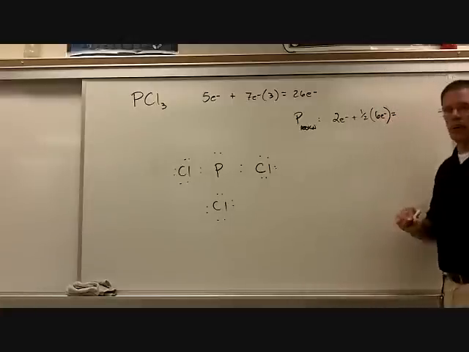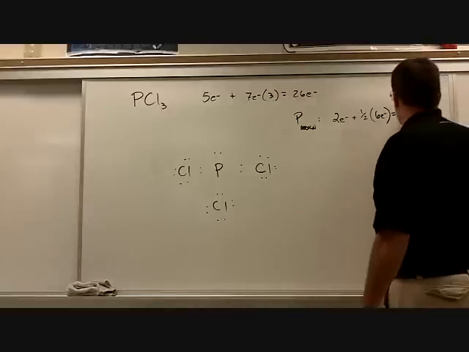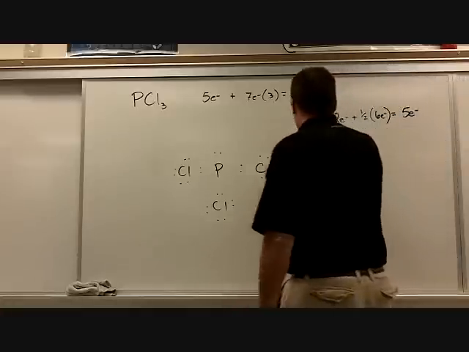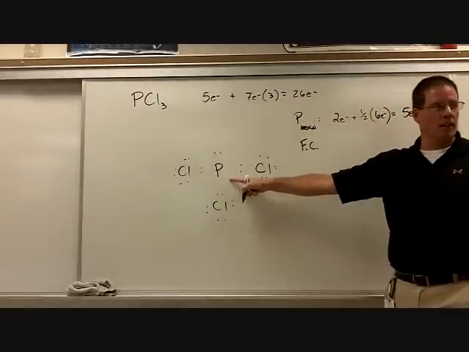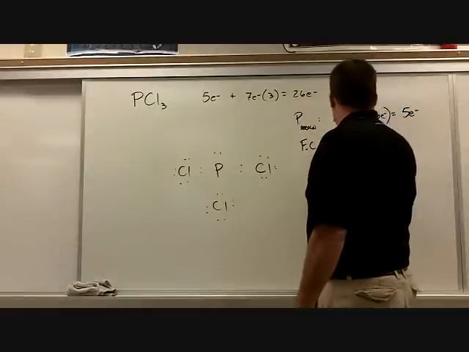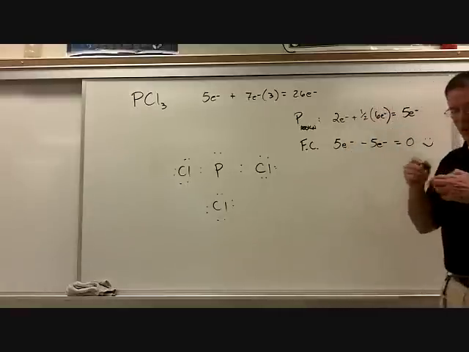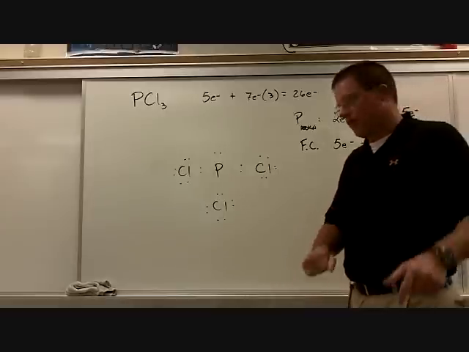So that gives us how many total? 5, very good. You could always use a calculator. And then the formal charge, how many valence electrons does phosphorus bring? 5. Minus the 5. All right. We did it right yesterday. Okay. And that was by accident.